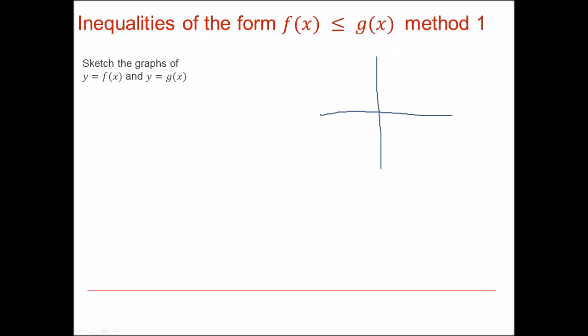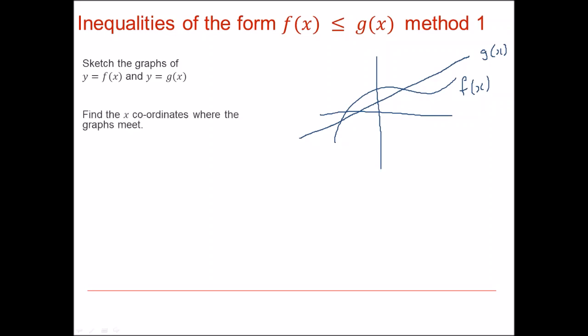For example, this one might be f of x, and then g of x may look like this, might just be a straight line. Once we sketch those two graphs, we can find where the two graphs meet. Maybe this one is climbing, so there are 3 points here where the graphs meet.